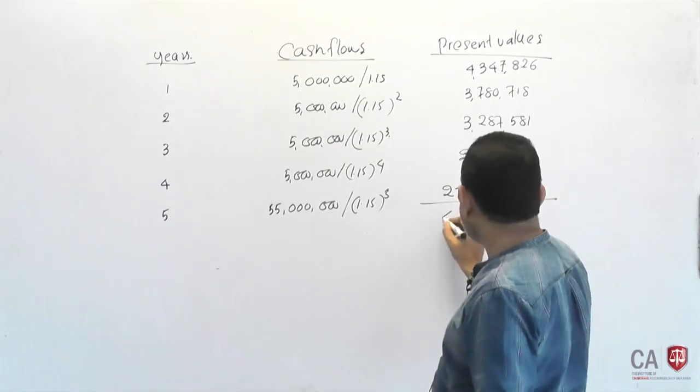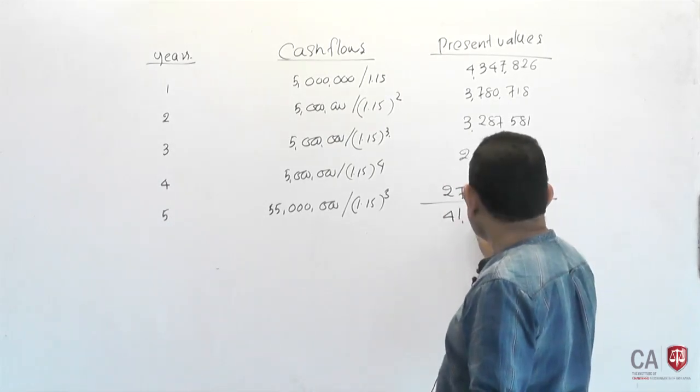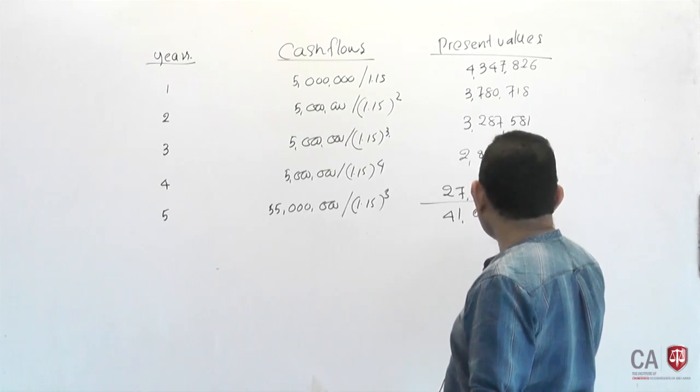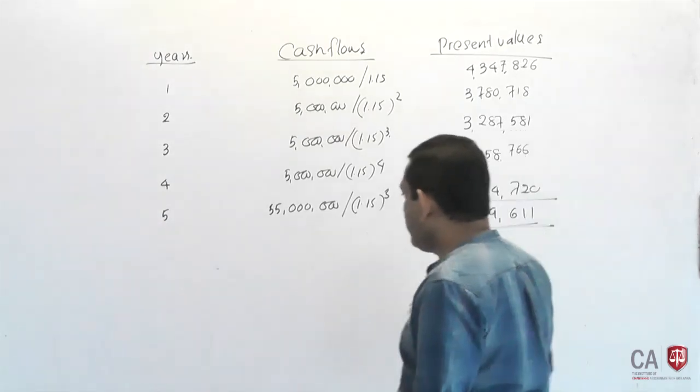Take the total down, 41,619,611. This is the fair value of the liability.